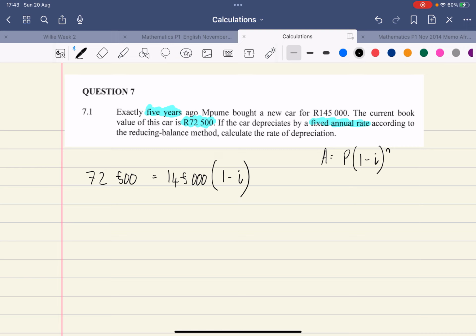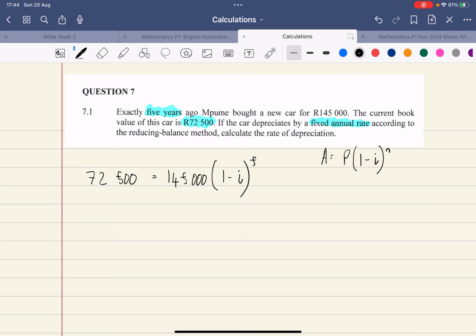We're going to be working with annual rates, so we'll measure the period in years. That's always easiest. You can also do it in months, etc. We're going to be doing years, and that will be 5.